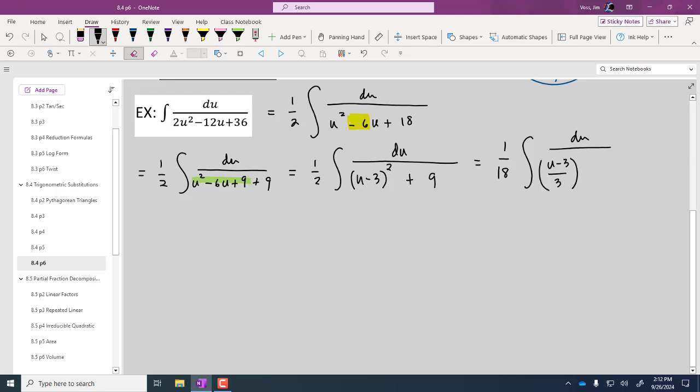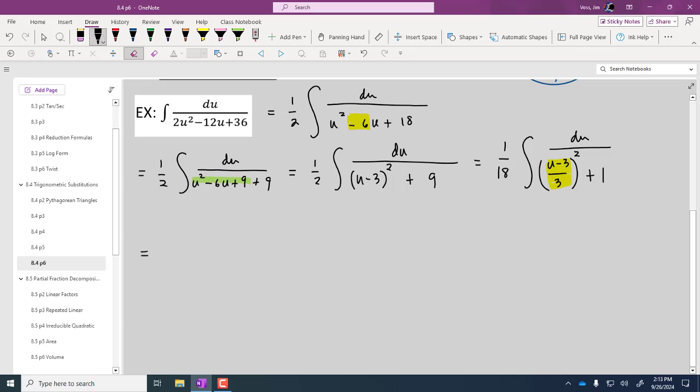Then we want to write it as a single square, so it's going to be u minus 3 over 3, quantity squared. If you wanted to do substitution, you could, but we already know how to deal with substitutions that are linear. That's a linear substitution, so we can just jump to RCR.